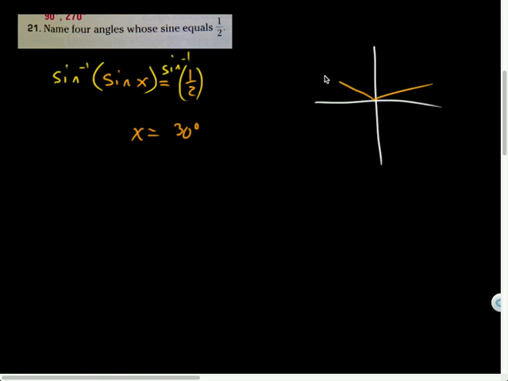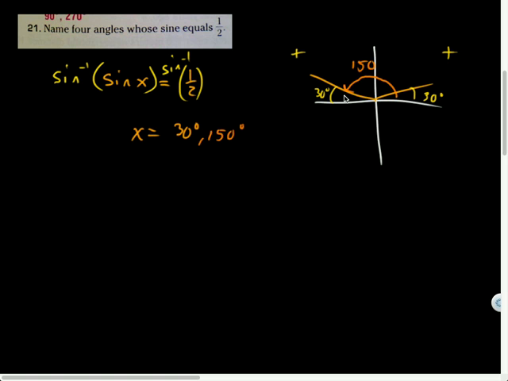It also works over here. In quadrant 2, sine is positive. So here is a reference angle of 30 degrees. Sine is positive in this quadrant, positive in this quadrant. So what is the measure of this angle? 180 minus 30 is 150. So there's another angle that it works at.